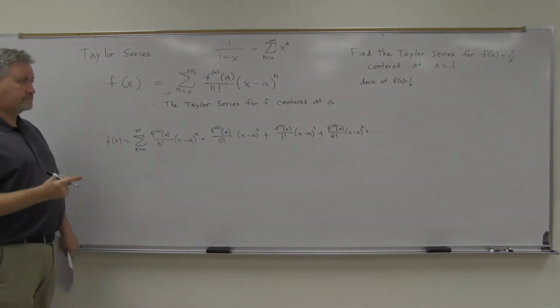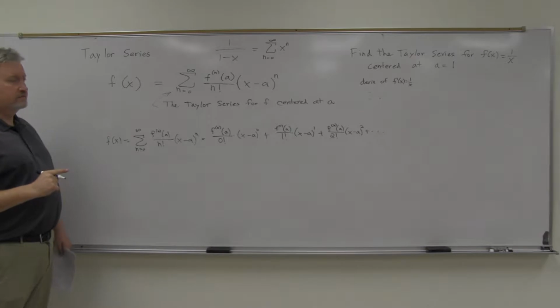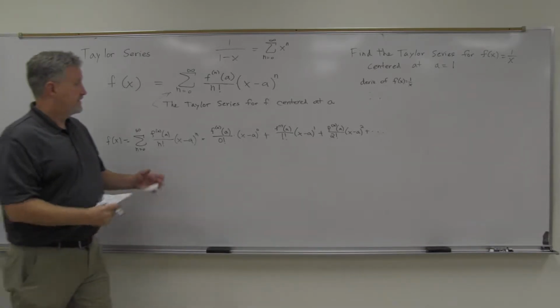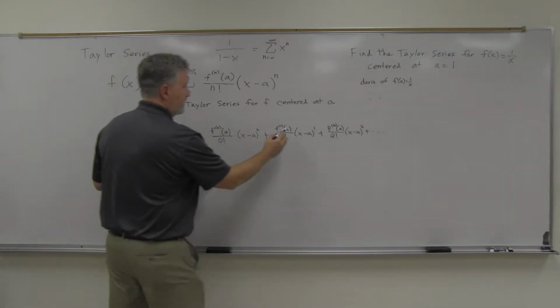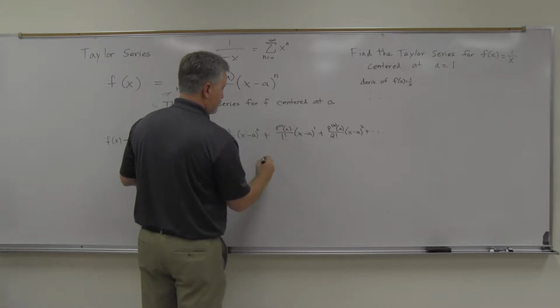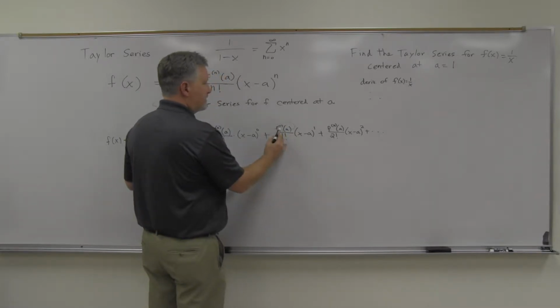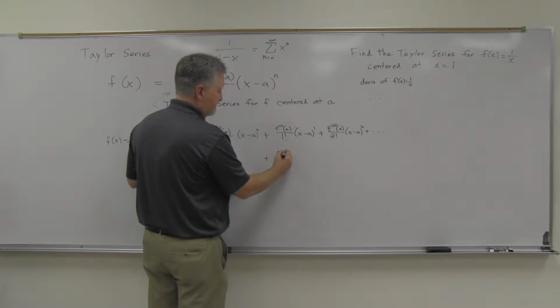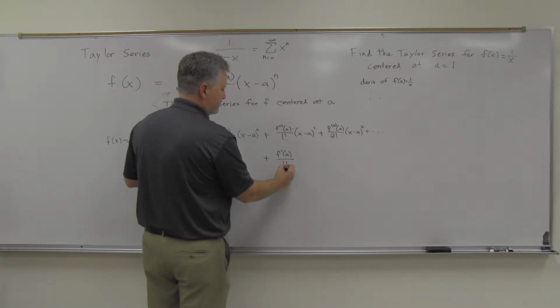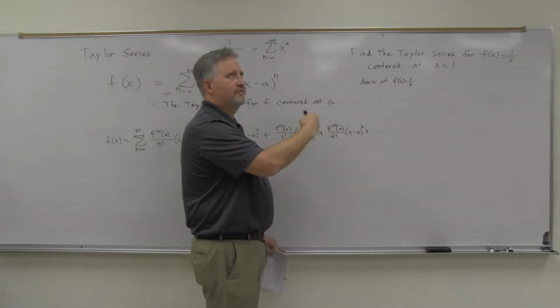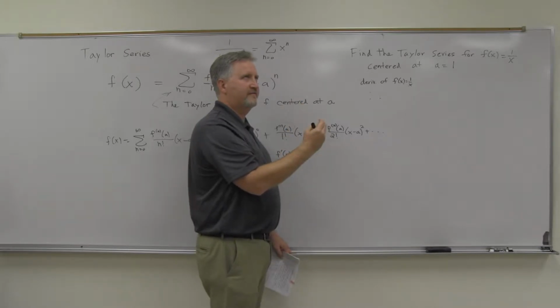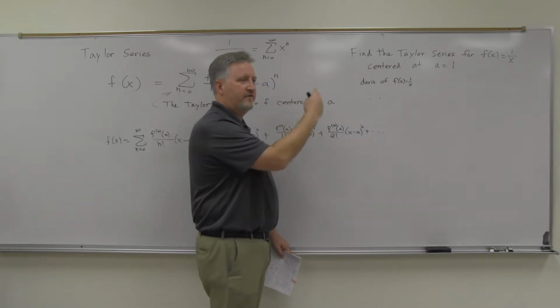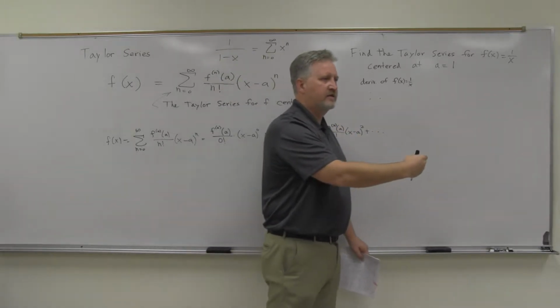Now, what I would point out here is these, let's start with this one first. This means derivatives, and that's normally not how we write that, right? We usually just do f prime, and then f double prime, and then f triple prime.